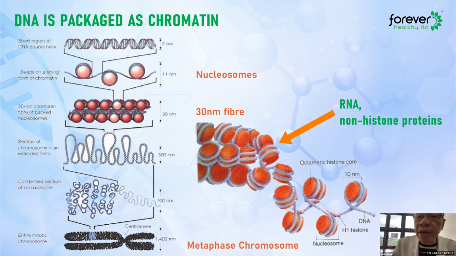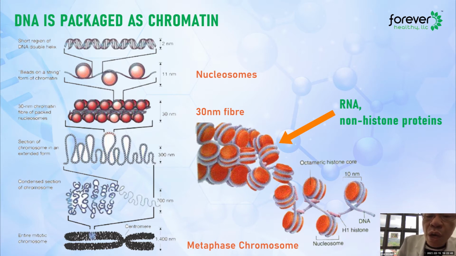Then that 11 nanometer fiber is further folded to become a 30 nanometer chromatin fiber of packaged nucleosomes. The histones are packed together: histone H1, H2A, H2B, H3, and H4 become a nucleosome.